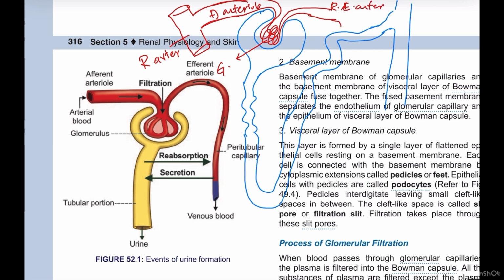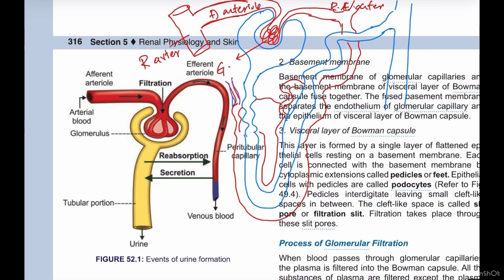Then this forms the peritubular capillaries, which surround the entire renal tubule. Where they run parallel to Henle's loop, they are called the vasa recta. All these peritubular capillaries unite together and form the renal vein. Now you understand, I hope you got it.